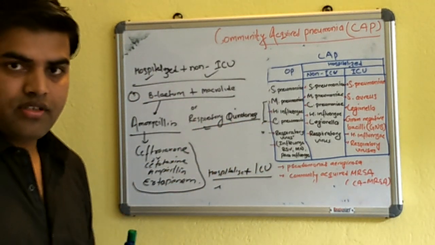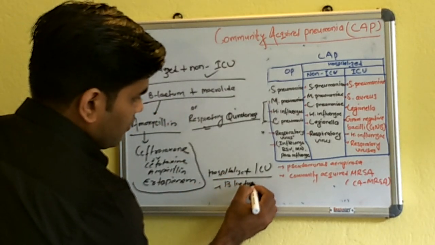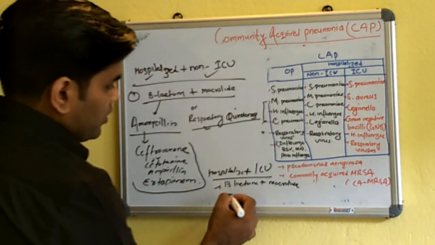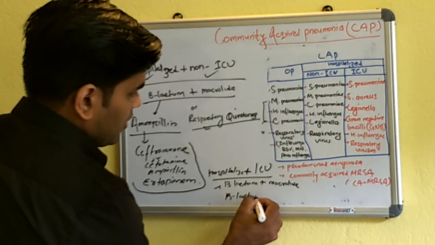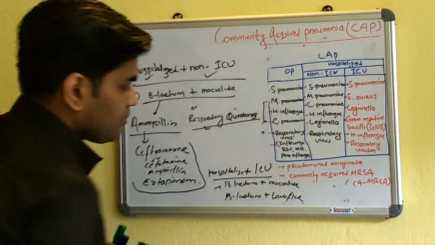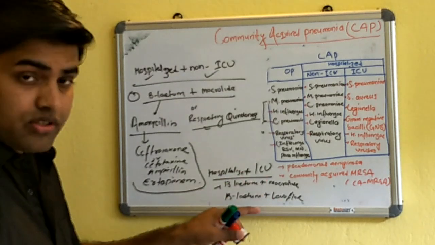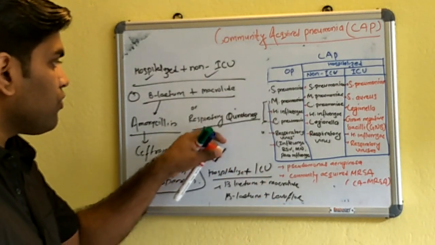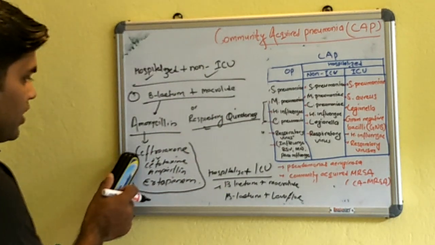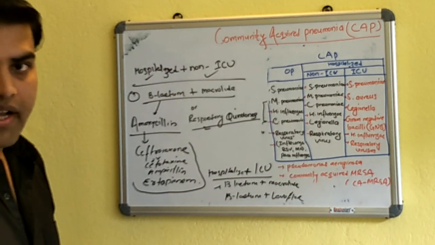For that, either you give beta-lactam plus macrolide, or you give beta-lactam plus a respiratory fluoroquinolone, levofloxacin or moxifloxacin. Are you getting the point? If he or she is in the ICU, then levofloxacin or a respiratory fluoroquinolone cannot be given alone. It should be given in combination with the beta-lactam. The beta-lactam can be ceftriaxone, cefotaxime, ampicillin, or ertapenem. This depends upon the choice you make.